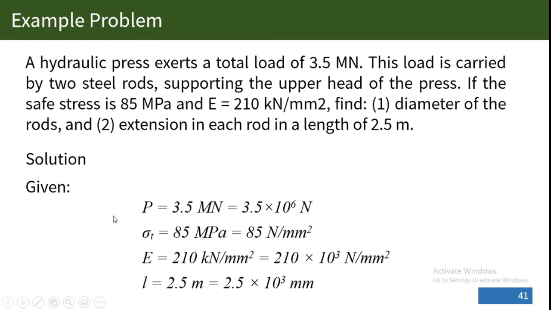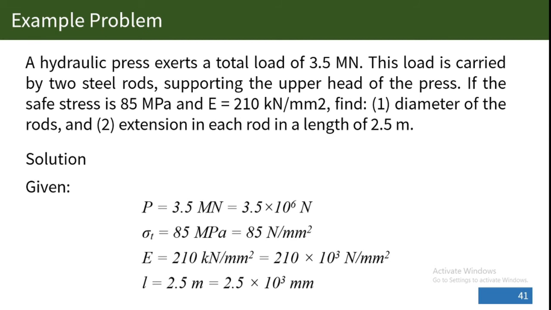All right. So next, we are given the modulus of elasticity, which is equal to 210 kilonewton per meter squared, or 210 GPa, and we have an initial length of 2.5 meters or 2,500 millimeters.